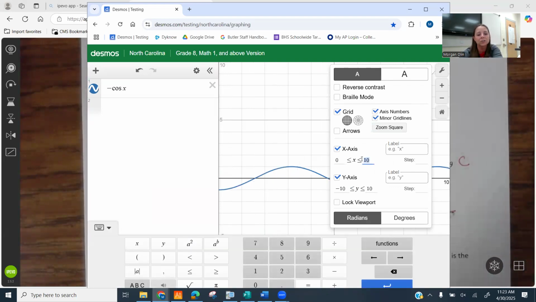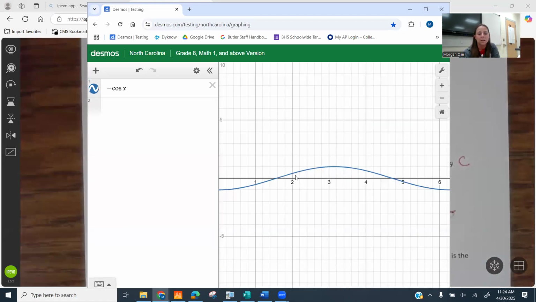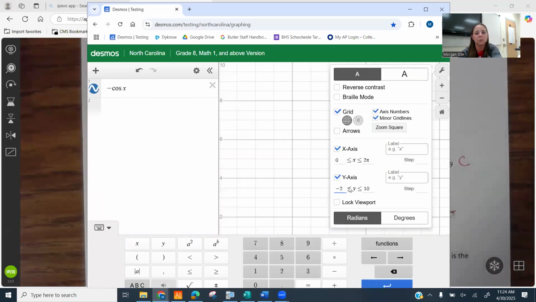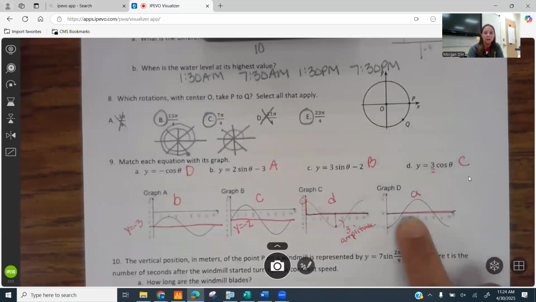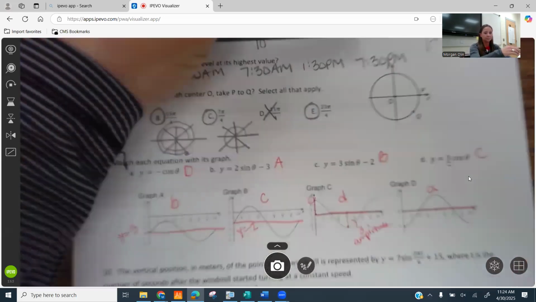Now the y's actually vary. Here, this one looks like it only goes up to 1. So if you want to do like -2 to 2, you can. And you see that this matches this last graph here. Especially changing the window on it, that helps you out when you're matching up graphs.